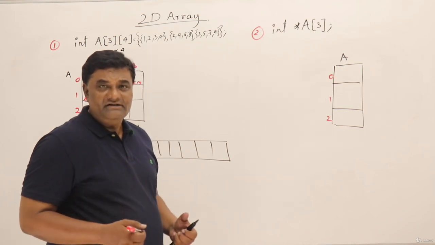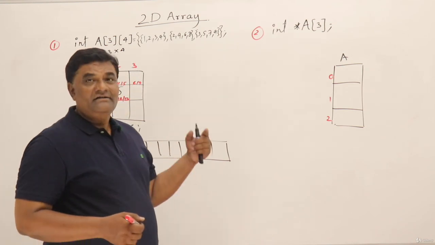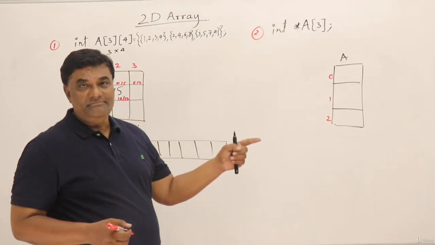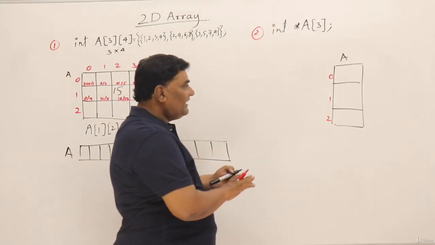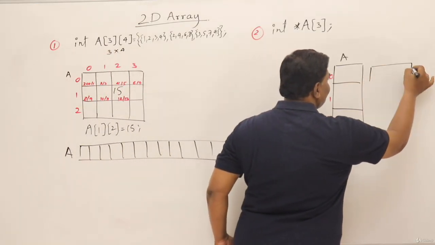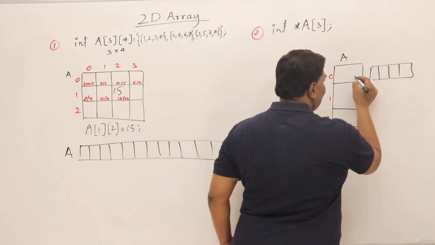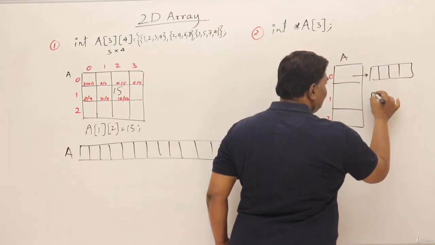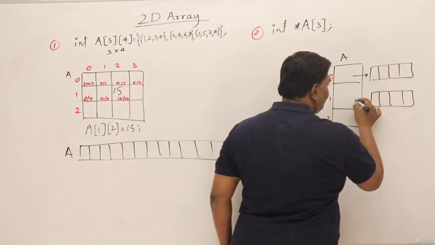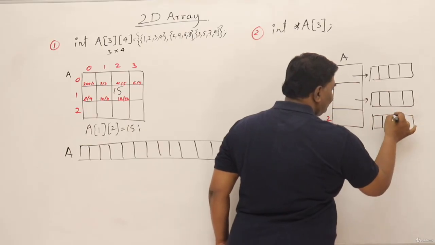Now where is the two-dimensional array? I will create the two-dimensional array in the heap. So what do I actually want? I want an array of size 4 so that this pointer is pointing there. Then again an array of size 4, and again an array of size 4.